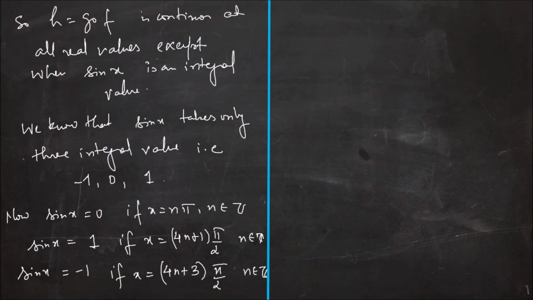So this is the solution set for the equations sin x = 0, sin x = 1, sin x = -1.